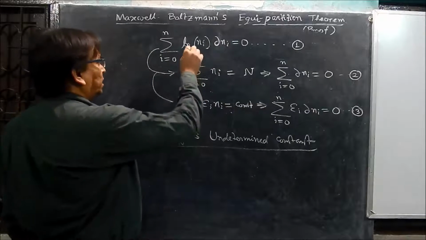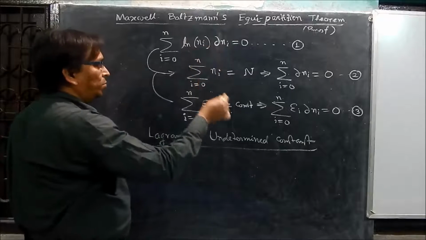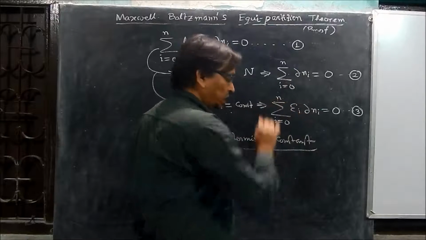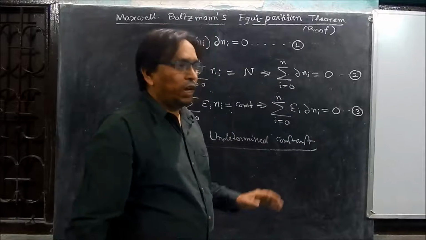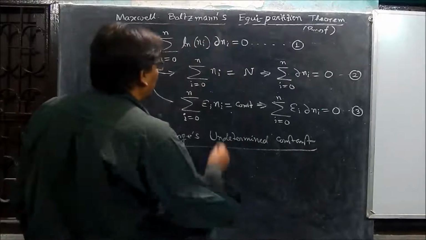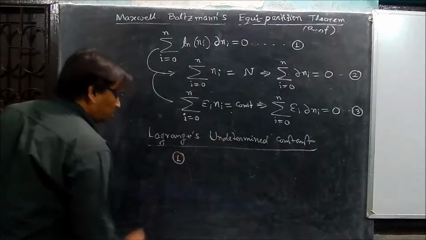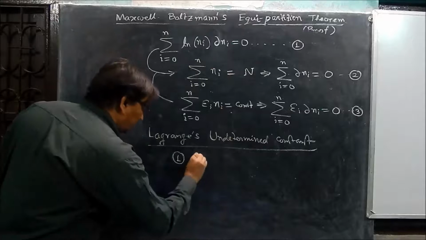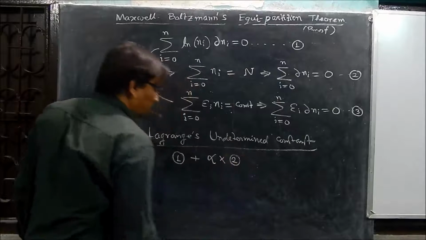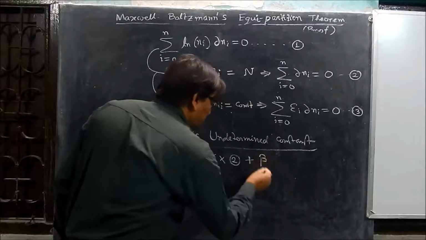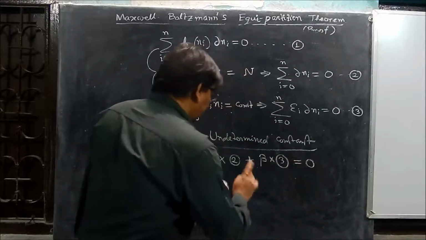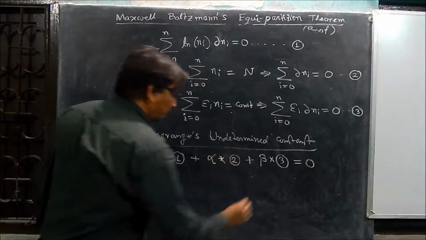We keep equation number 1 as it is, plus we multiply equation number 2 by alpha, plus we multiply another constant beta into equation number 3, and as a whole we make it equal to 0, and then we try to find out the values of those arbitrary constants.